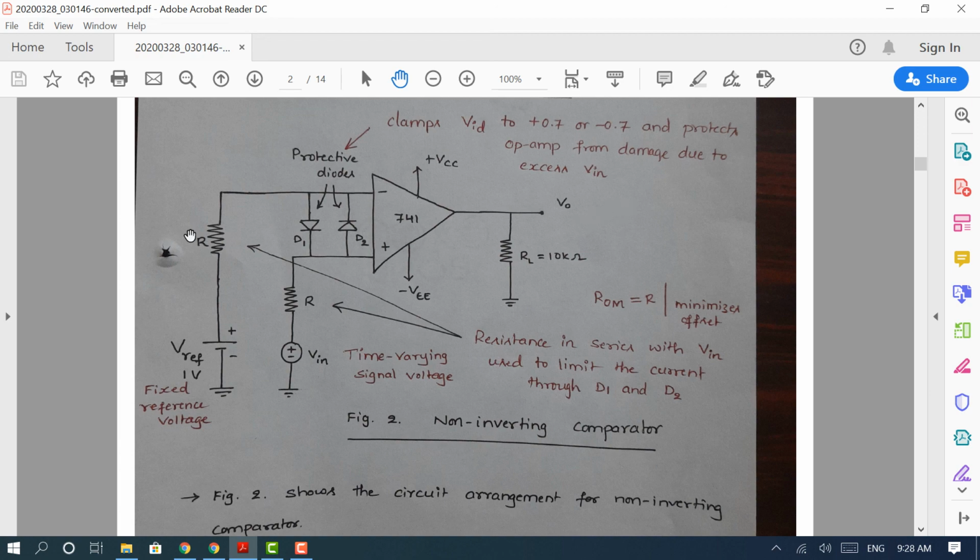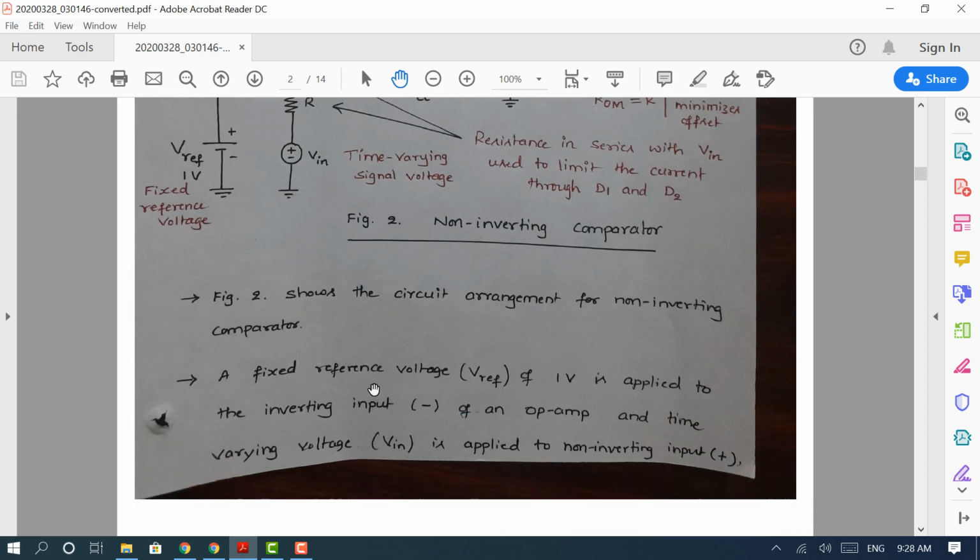And here we use resistance R values that minimize the offset. Sometimes we choose these resistance values so that the offset is minimized when the input signals are grounded. Okay, with this analysis, let me proceed further.